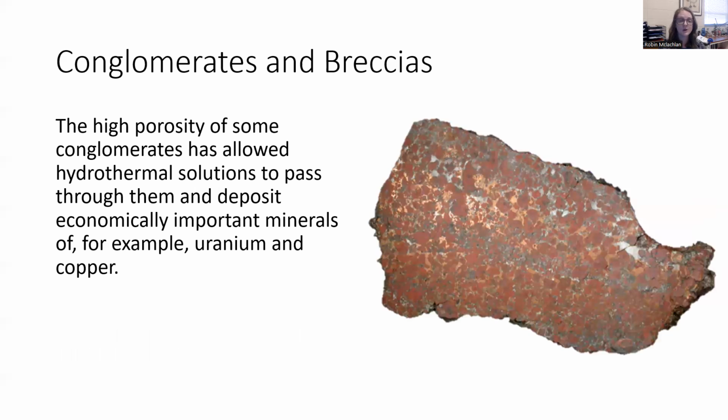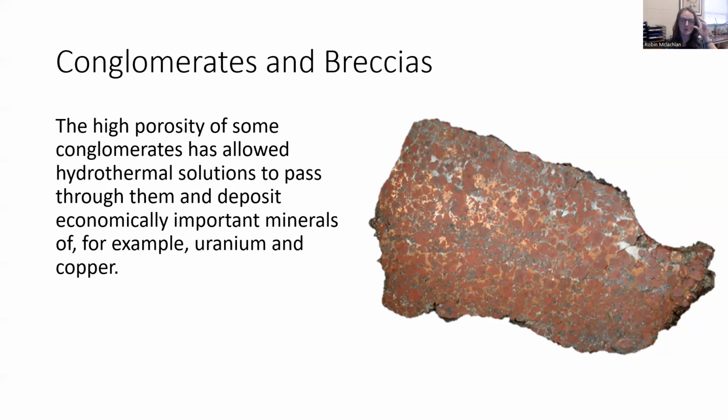Now, because conglomerates and breccias have that matrix within them, that also means there's a lot of pore space within them. Right? There's a lot of little nooks and crannies in between those clasts. So the high porosity of these conglomerates can actually allow hydrothermal solutions, meaning really hot water that is carrying a lot of dissolved ions, to flow through them, pass through them.